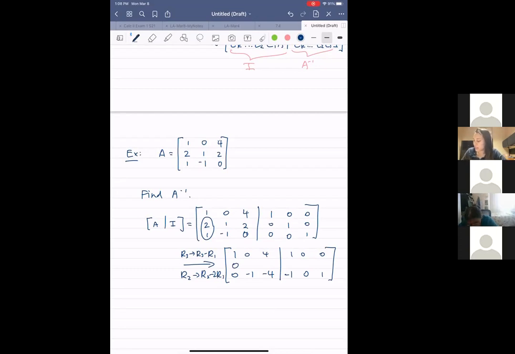We'll get 1 minus 0, so that stays as 1. We will get 2 minus 8, so -6. 0 minus 2 is -2. Here we have 1 minus 0, so 1, 0 minus 0 is 0.